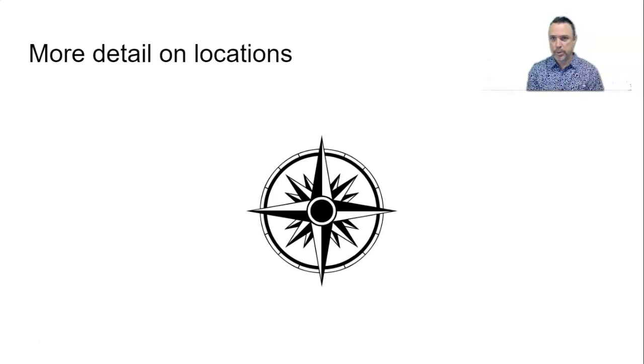So if we want to give more detail on where something is, compass directions help. That's why I've got my compass directions here. Again, these are very simple, very easy to remember, very similar to English. So let's have a look at what we've got. Norte, sur, este, oeste.